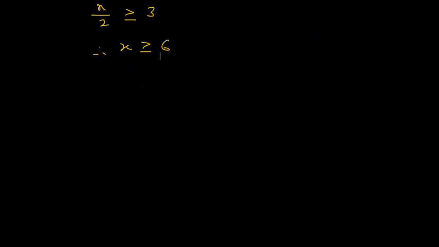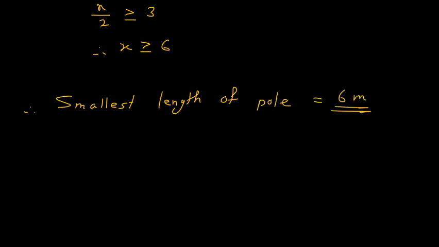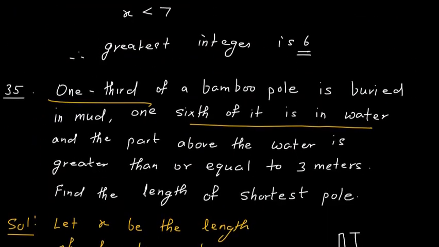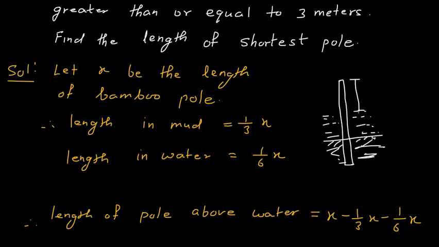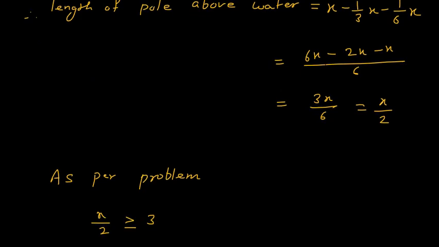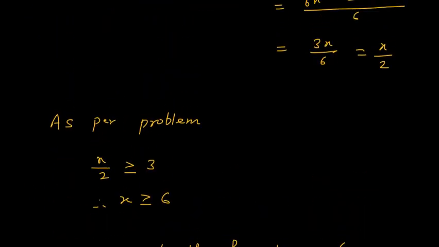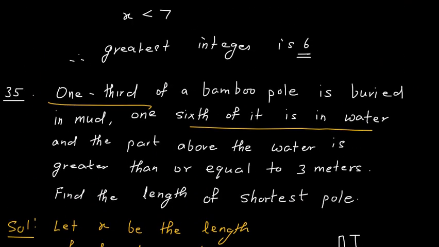So therefore the smallest length of pole is equal to 6 meter. Okay, you have to find the smallest length of the pole, and the smallest length of the pole is 6 meter, right? Okay, so by this we have finished this exercise.